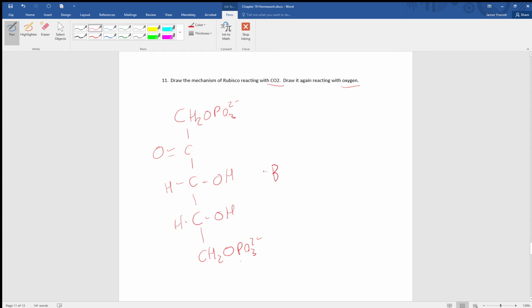So we're going to have a base here. Sorry, my bad, I'm getting ahead of myself in the mechanism. Remember that protons next to ketones are acidic, so we can deprotonate here, and this is where we're going to get our enediol.